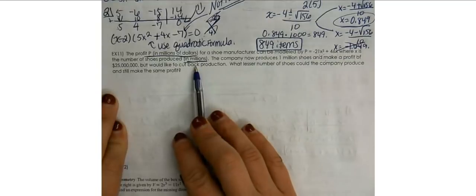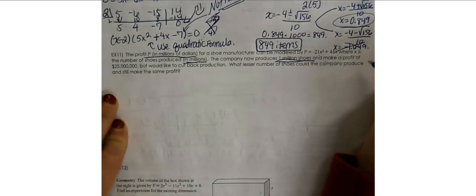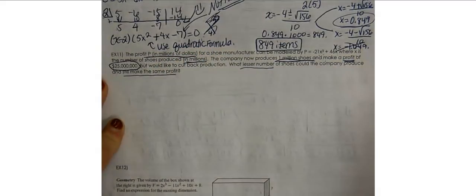So profit is in millions of dollars and the number of shoes is produced in millions. The company now produces 1 million shoes and makes a profit of $25 million, but it would like to cut back production. What lesser number of shoes could the company produce and still make the same profit?